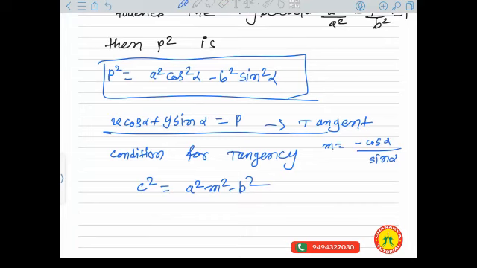Now c square is equal to, c is p, so c is nothing but p. So p square is equal to a square times cos alpha upon sin alpha, squared, minus b square.